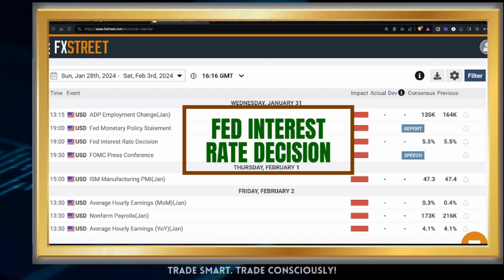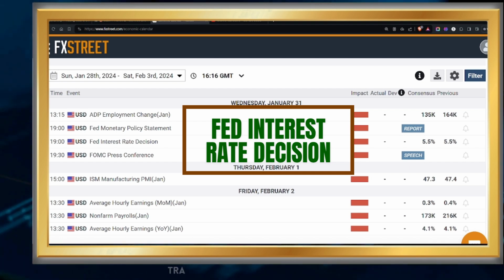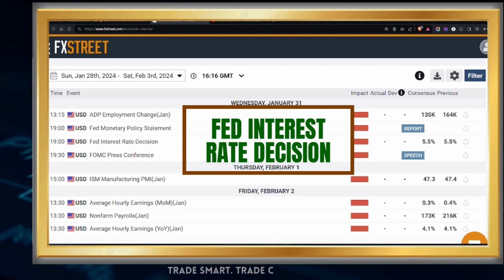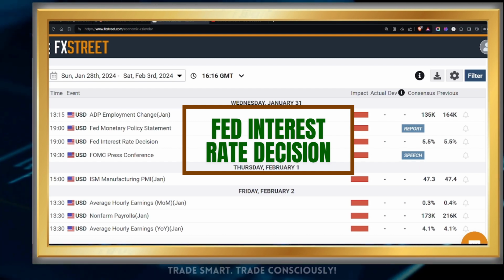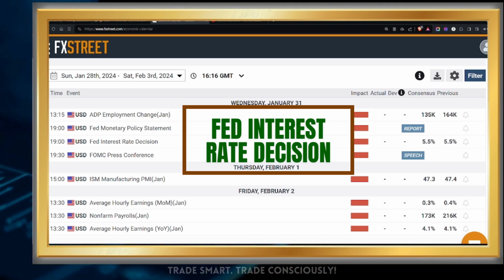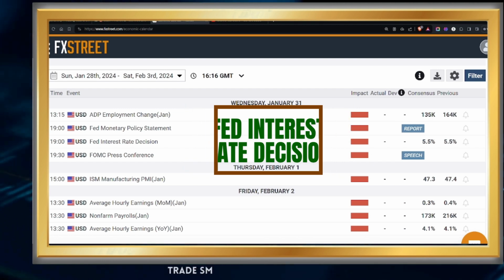Now, it's important to note that this decision has a significant impact on market sentiment as it reflects the Fed's assessment of the US economic conditions, and any changes can influence borrowing costs, investment, and overall economic activity.